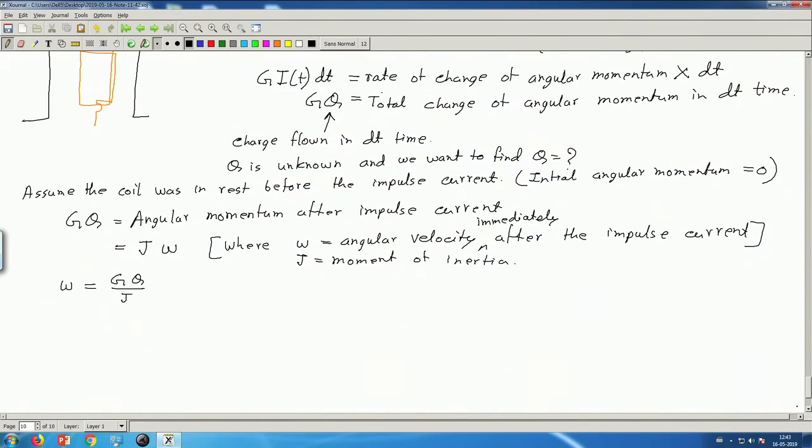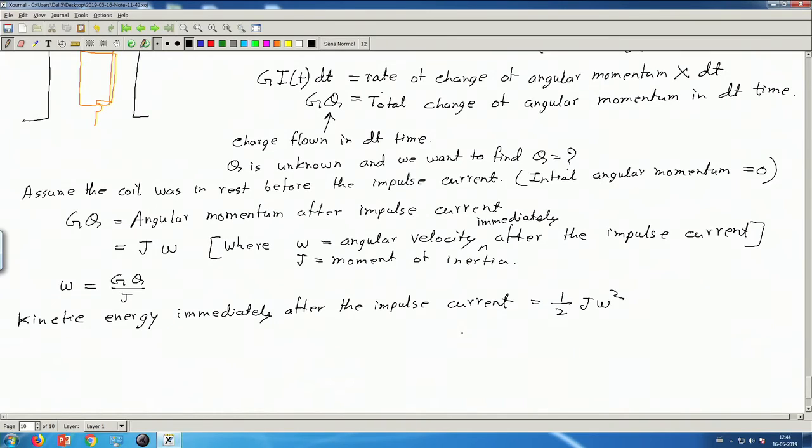So the kinetic energy immediately after the impulse current will be equal to, we know it's like half mv squared for linear motion, and in this case it will be half J omega squared for angular motion. So this is the kinetic energy immediately after the charge has flown.